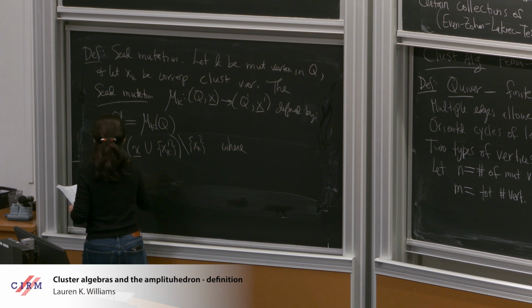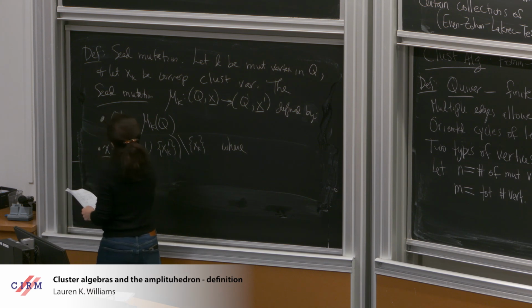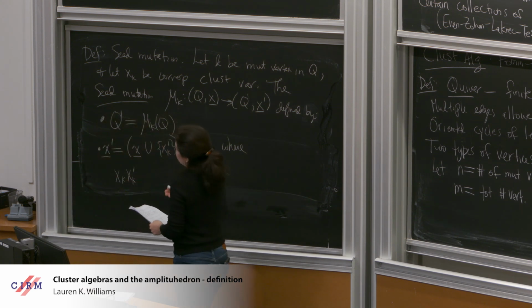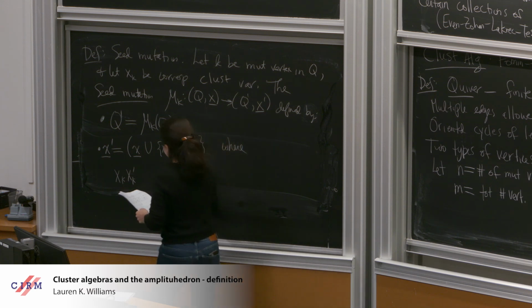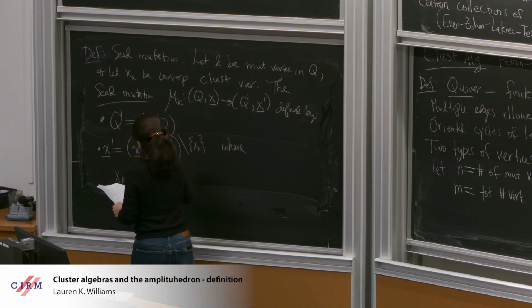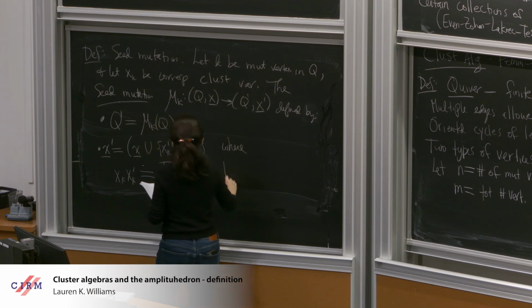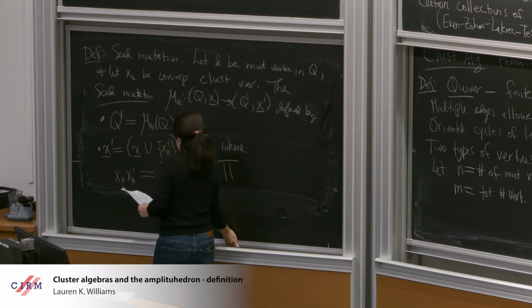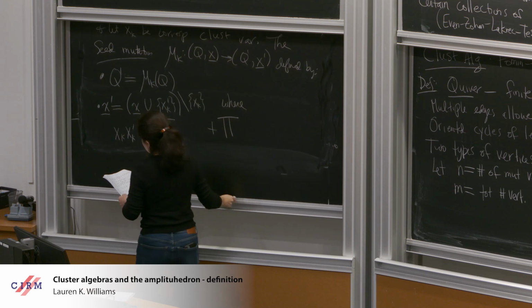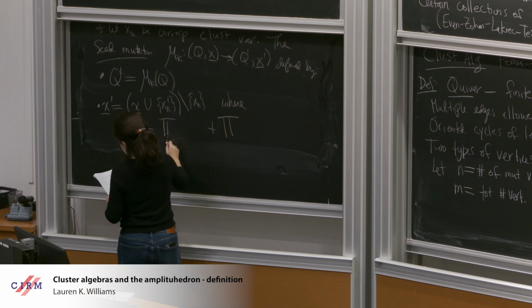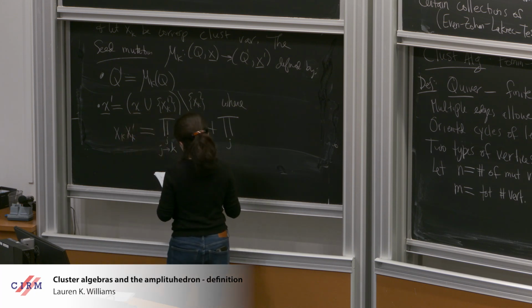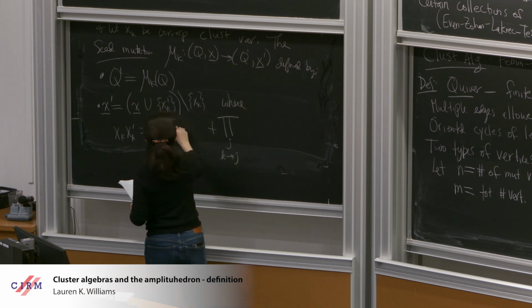So xk times xk prime, the old times the new cluster variable labeling the kth node, is equal to the sum of two monomials. One monomial is associated to the set of all arrows in the quiver pointing to k. The other monomial is associated to all arrows in the quiver pointing out from k.